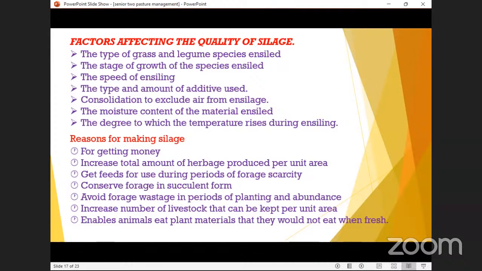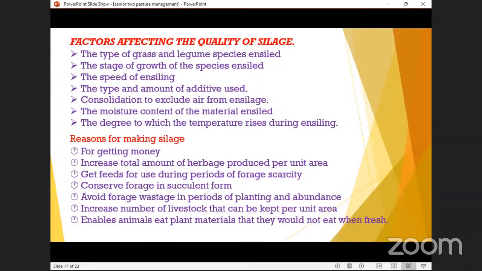To increase the total amount of herbage produced per unit area, to supplement what is already present on the farm. And to get feeds for use during periods of forage scarcity. When there's no grass, you are able to use this forage. You can use hay, you can use silage to feed your animals.